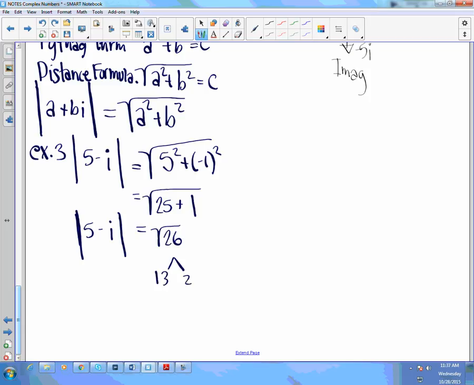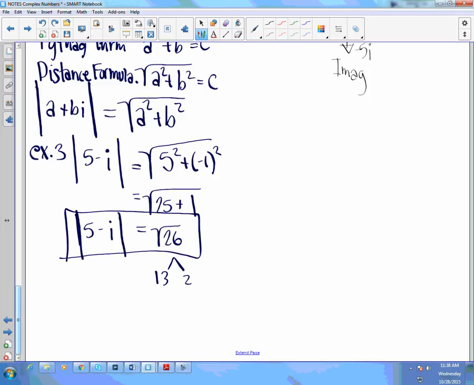No, it's prime. Does 2 break down further? No, because it's prime. Because it was a square root, we need a pair to pull out and match. Nothing matches, so I can't pull anything out. So my answer is that the absolute value of 5 minus I is root 26.